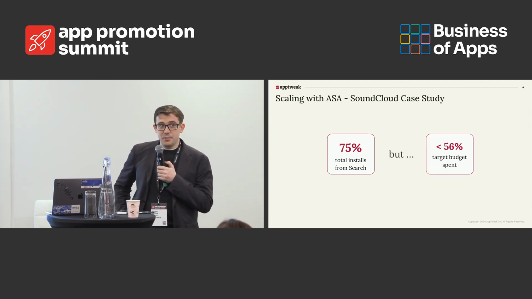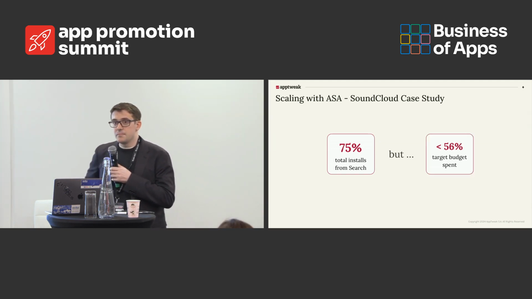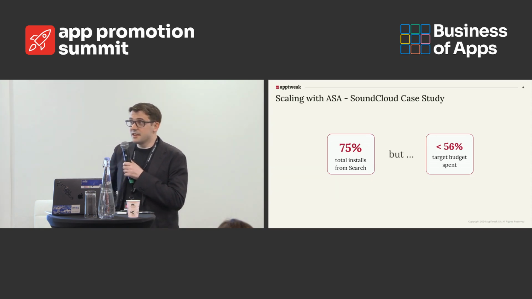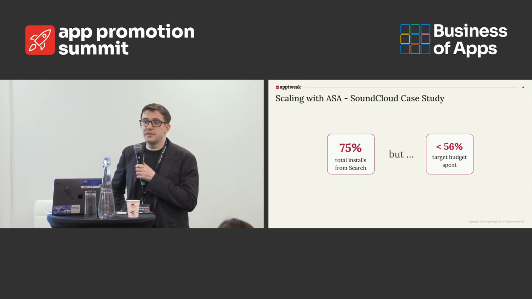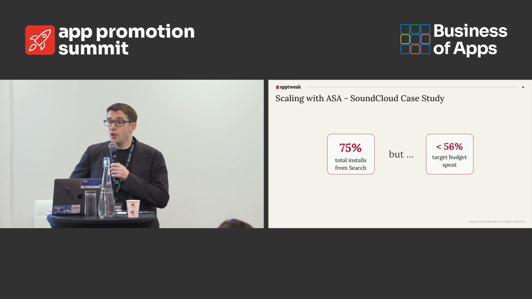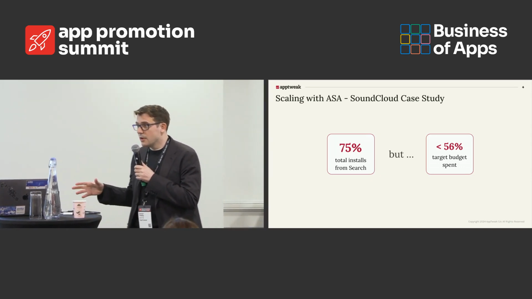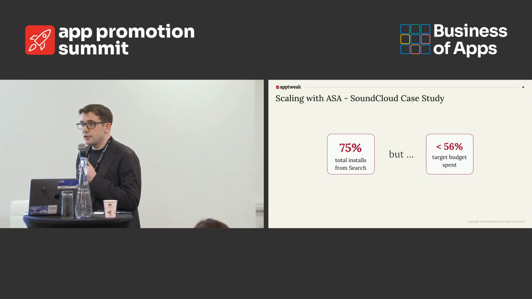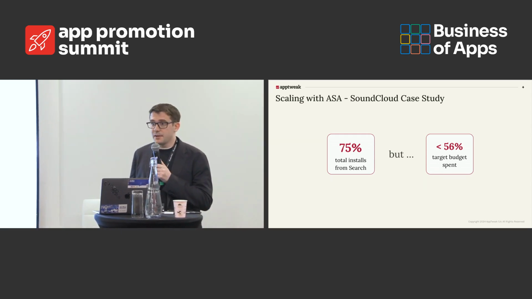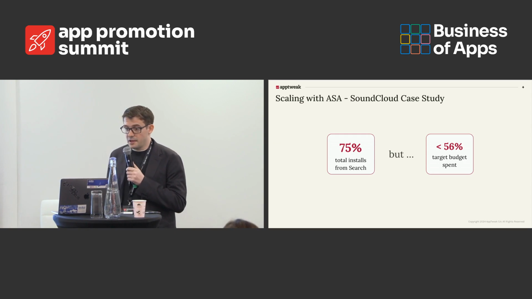The problem they had is that when they got started, they had a budget which I would qualify as reasonable, not absolutely ridiculously small, but honestly, maybe not as high as you'd expect for an app the size of SoundCloud.